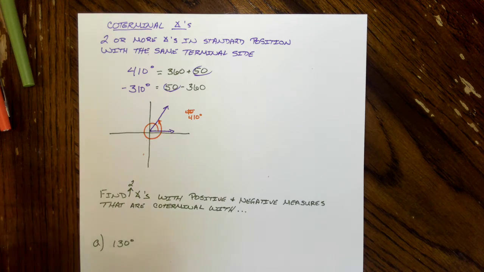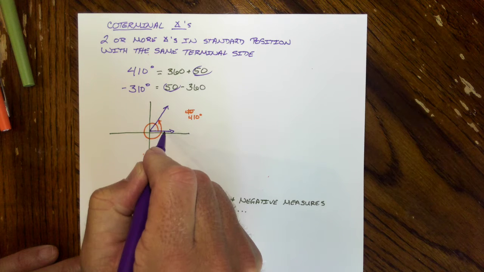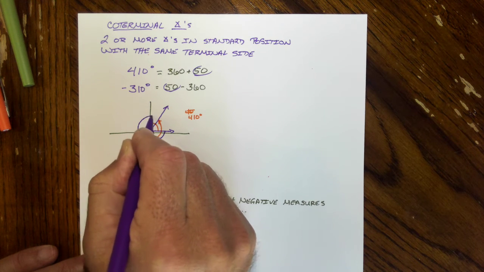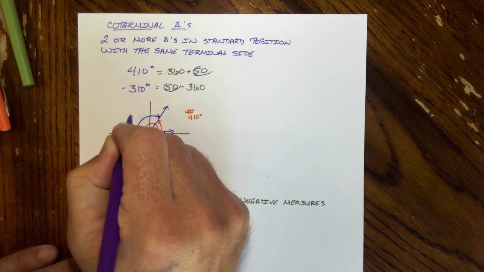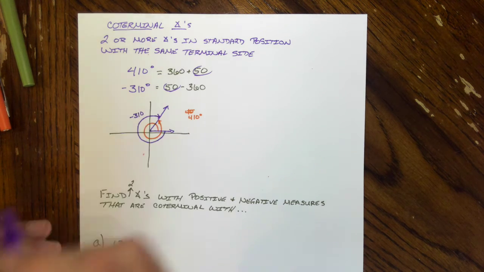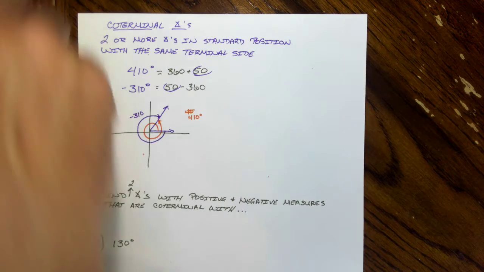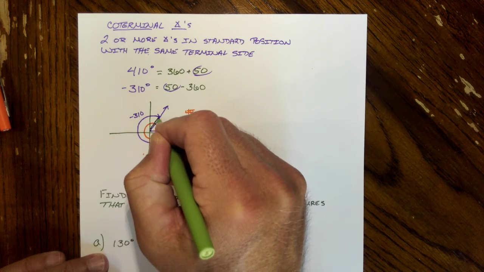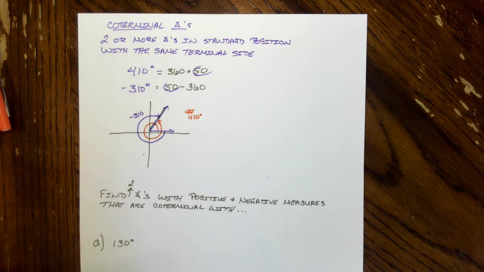A negative 310, so that starts here and goes clockwise. And what do they both have in common? They both stopped on that terminal side. So all those angles have the same terminal side.